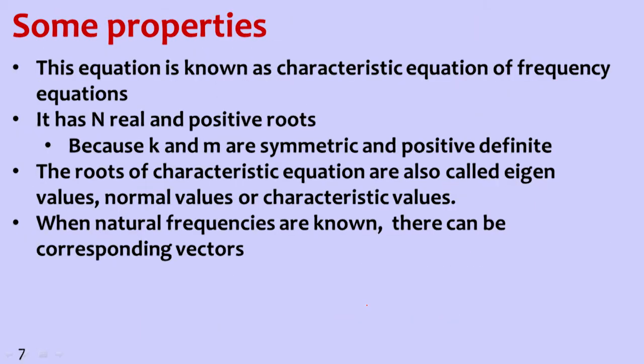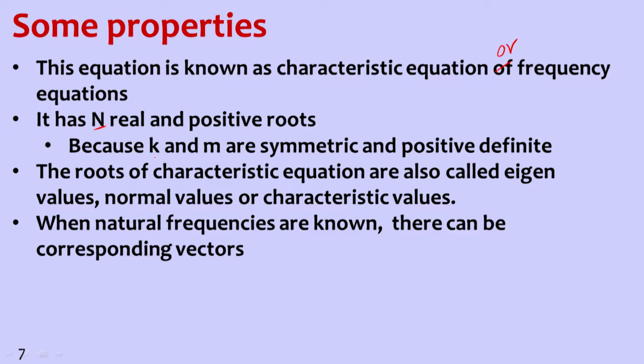Now some properties of the characteristic equation. It can also be called the frequency equation. This frequency equation has n real roots. If the matrix size is n by n, it will have n real and positive roots, because k and m are symmetric and positive definite.